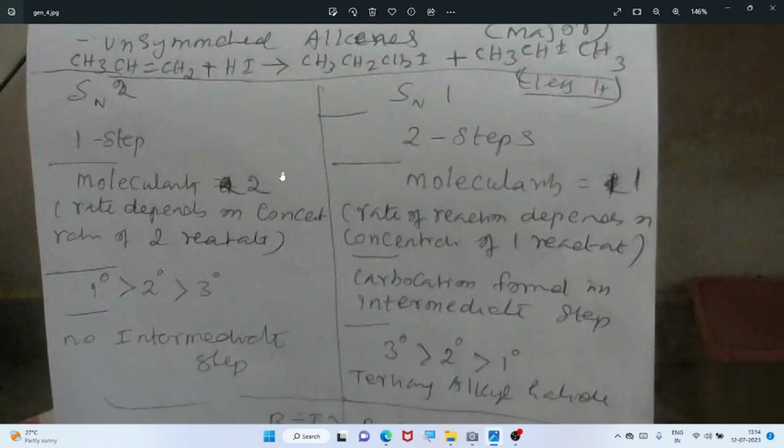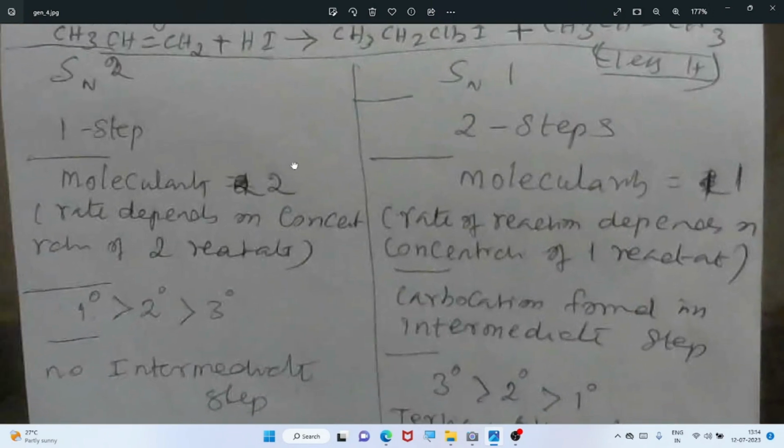Okay, there are differences between SN2 and SN1 reactions. SN2 occurs in only one step. The molecularity is 2, that means the rate depends on the concentration of two reactants. But SN1 occurs in 2 steps and the molecularity is 1, that means the rate depends on the concentration of only one reactant.